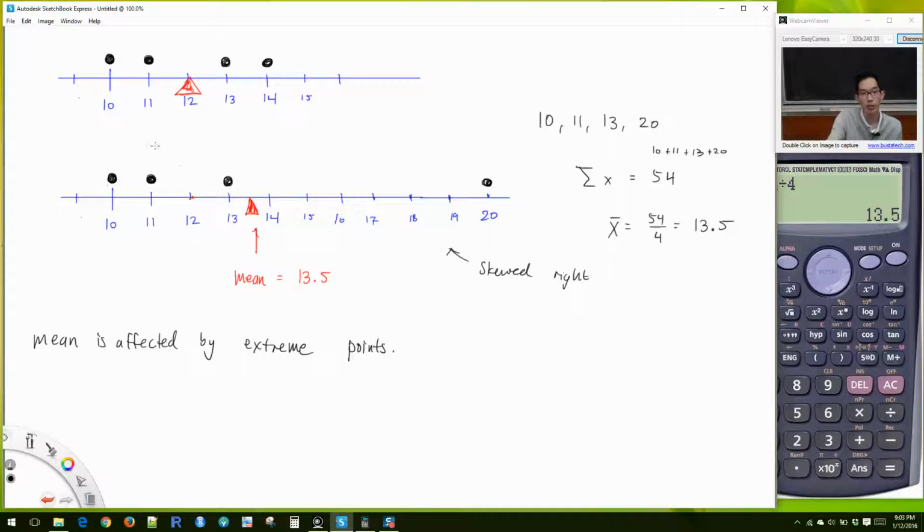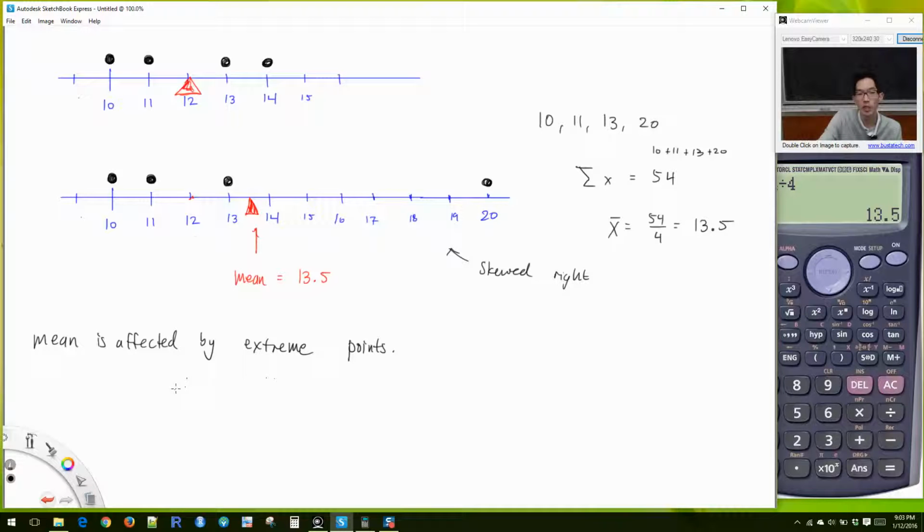If we think of where the middle is, it's somewhere over here, and we have one extreme point that's way higher than everybody else. Because it's way higher than everybody else, that makes it skewed right. So our data here shows up as skewed right, and we say the mean is affected by extreme points.